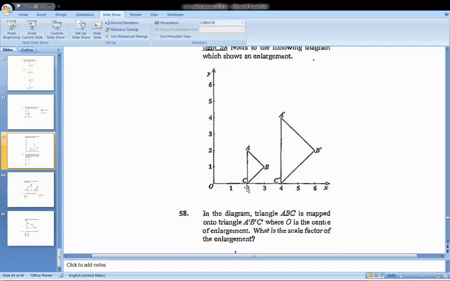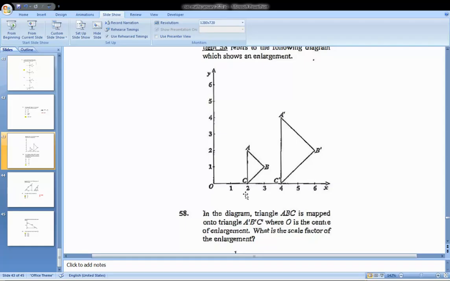Since this is an enlargement of this triangle, when we look at our scale factor, we recognize that it is two points on the x-axis. They are 2 points apart.